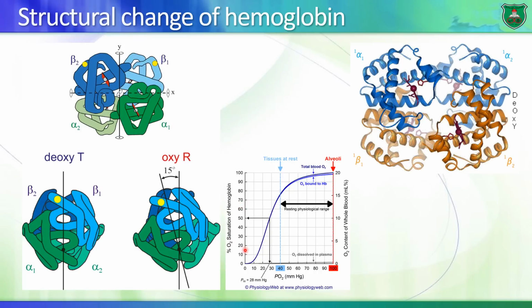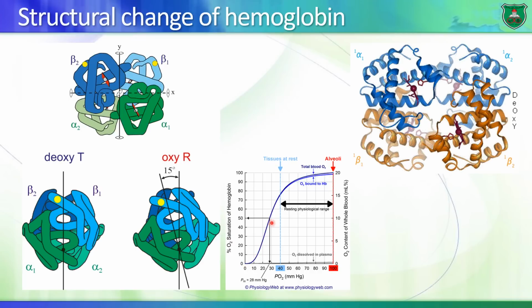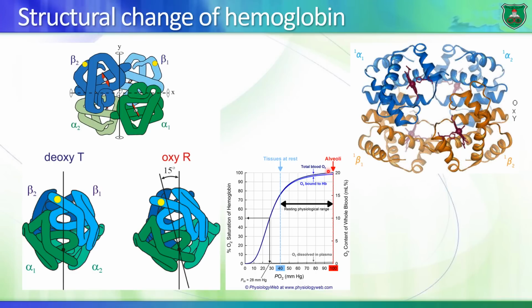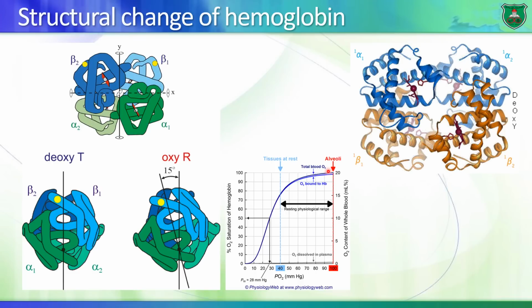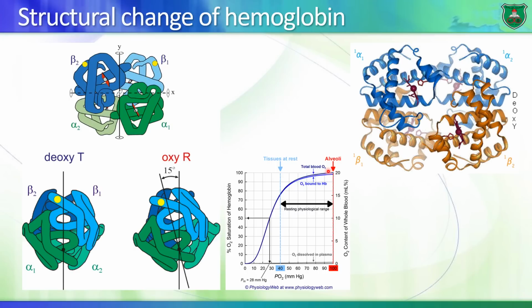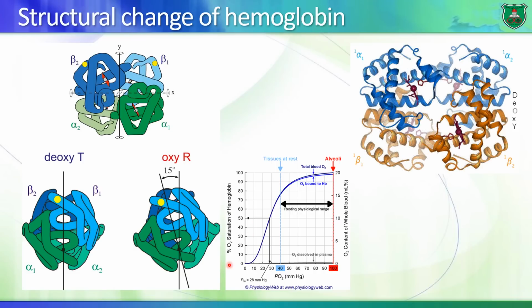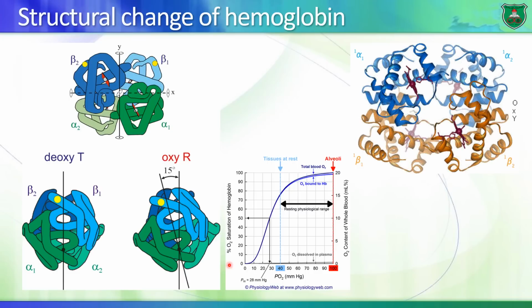But the point is that this binding curve or saturation curve looks sigmoidal, which is a characteristic of allosteric proteins, just like hemoglobin, meaning proteins that have more than one shape, which is again the R structure and the T structure.